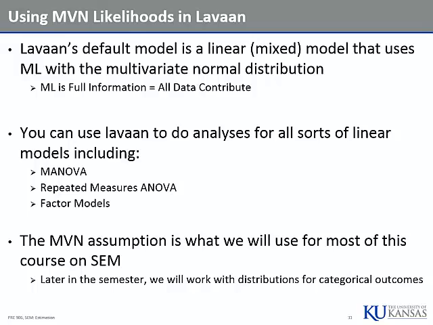But what lavaan did then was assume, oh, you told me nothing else about weight, but you want its variance. Okay, I'm going to assume it's multivariate normal, in this case one variable, so univariate normal. And because I have a mean to estimate too, I'll just go estimate it as well, just for the heck of it. And if you remember the model output from Model 1, you would have seen not just weight variance, but you'd also see weight's mean as well. So that is what lavaan does by default.